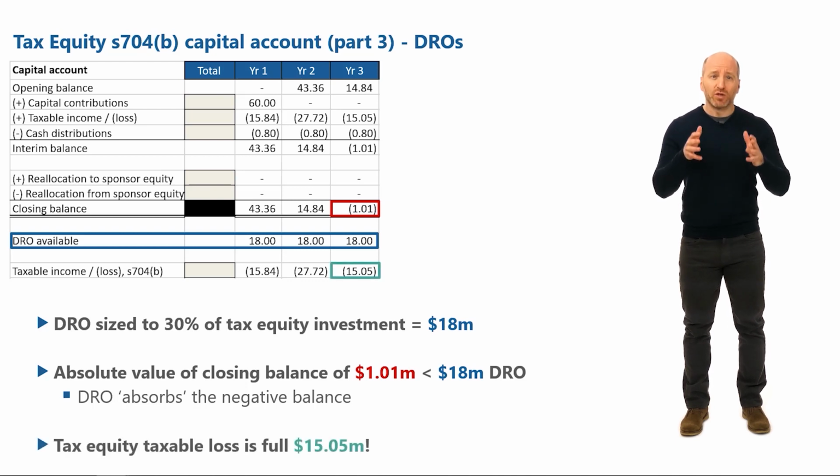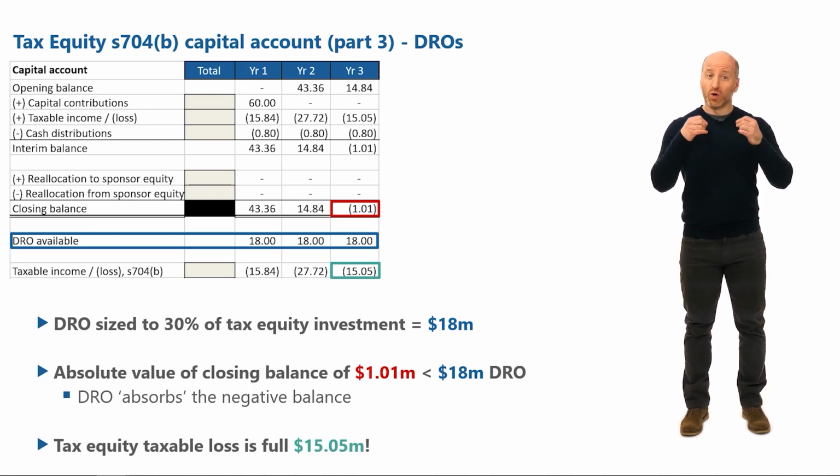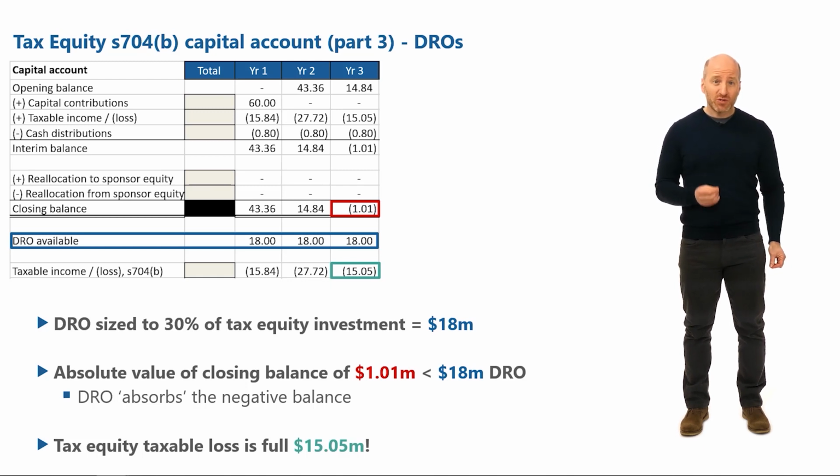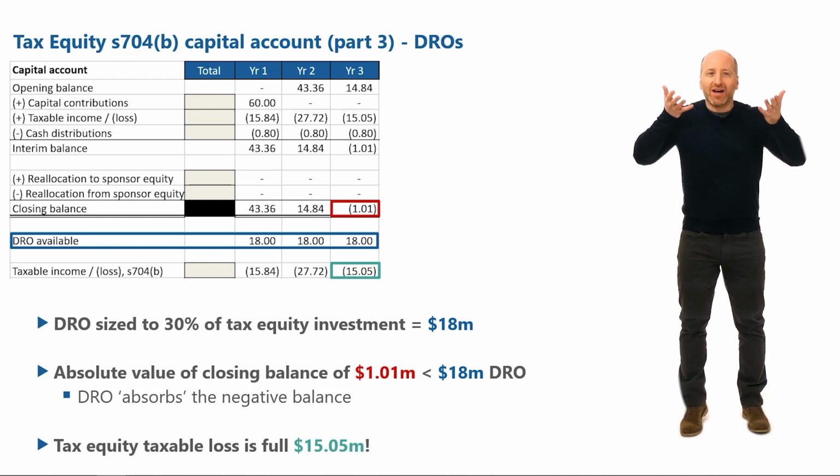The taxable loss to tax equity is 15.05 million. Now, however, if the partnership were liquidated at the end of year 3, the tax equity investor would need to pay in capital, or actually invest, 1.01 million to bring their capital account back up to 0.